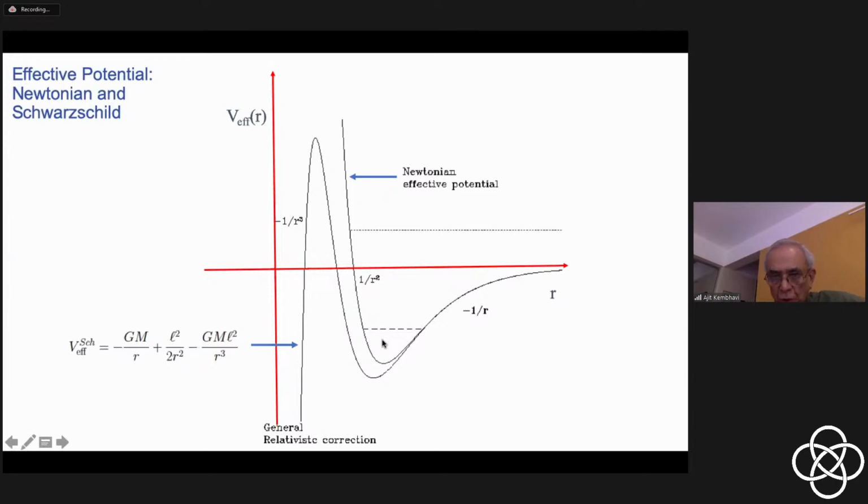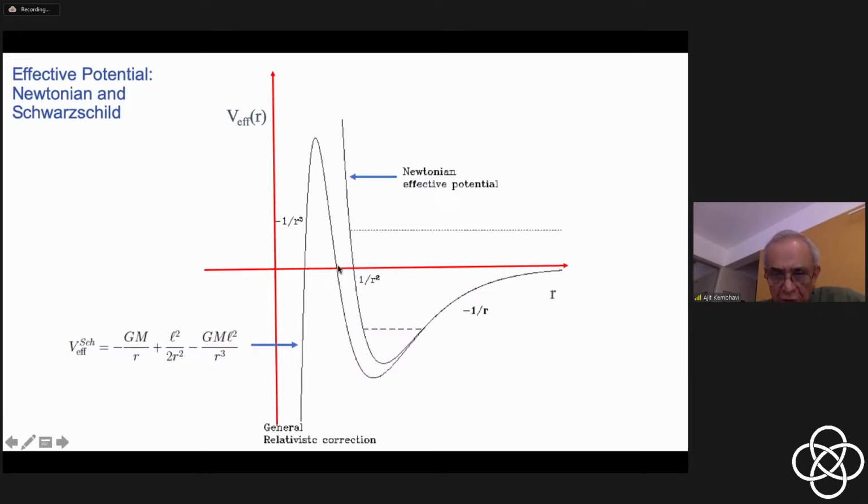As you go closer, and if you have more energy, at some point the orbit would be located at the bottom of the potential, where it would be a circle.